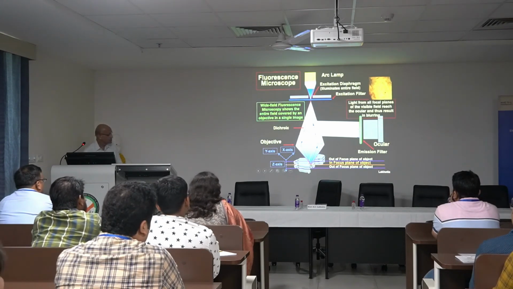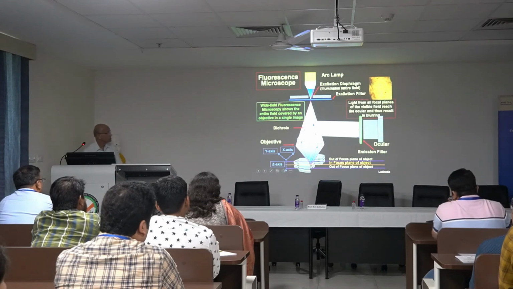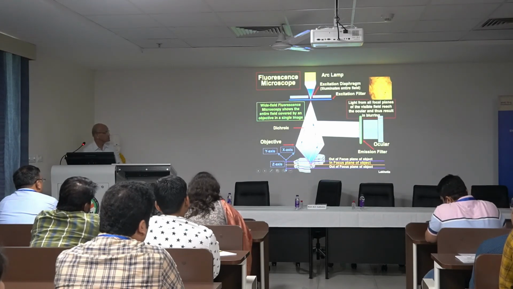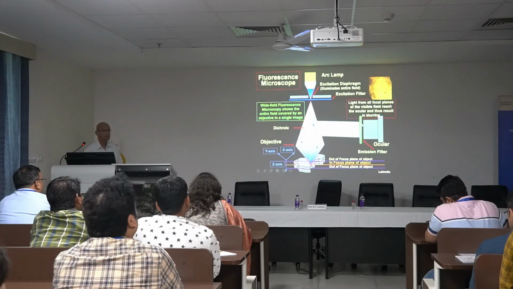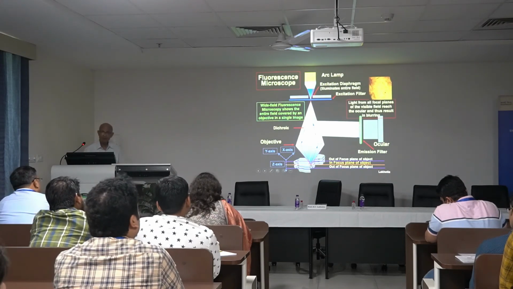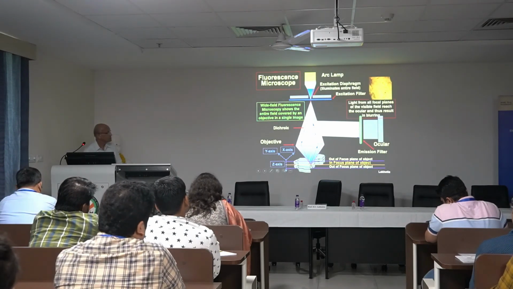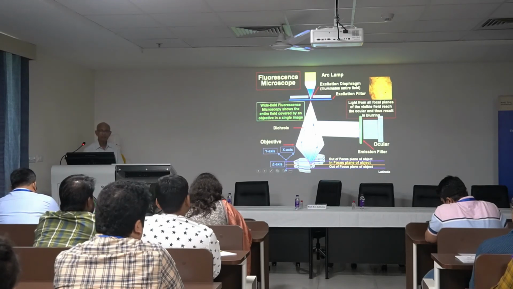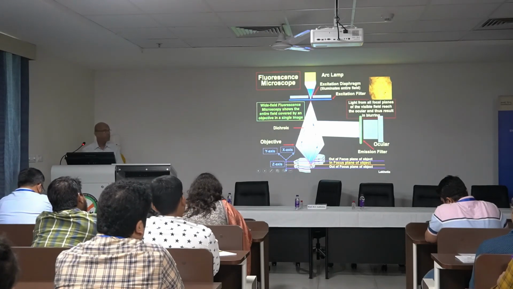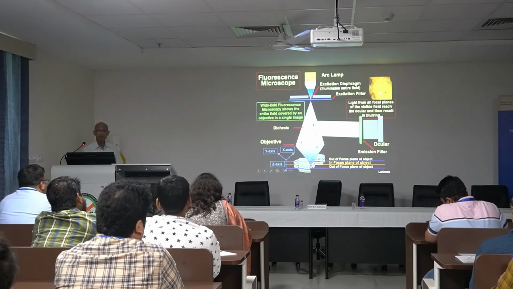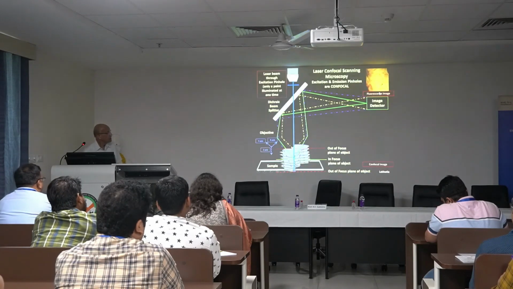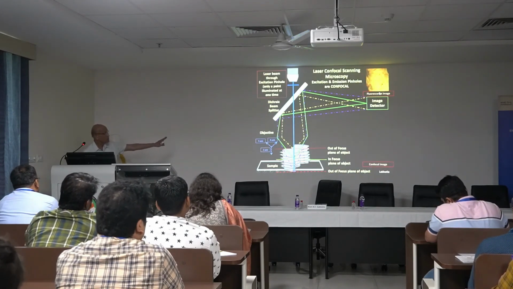But fluorescence is being emitted from all these planes, and all of it travels through the objective, through the dichroic and so on, and all these light waves reach your detection system, be it your eyes or your camera. But only this focus will be in focus here, and the other planes will be out of focus, and therefore you get this kind of blurred image. So same thing in the fluorescence microscope.